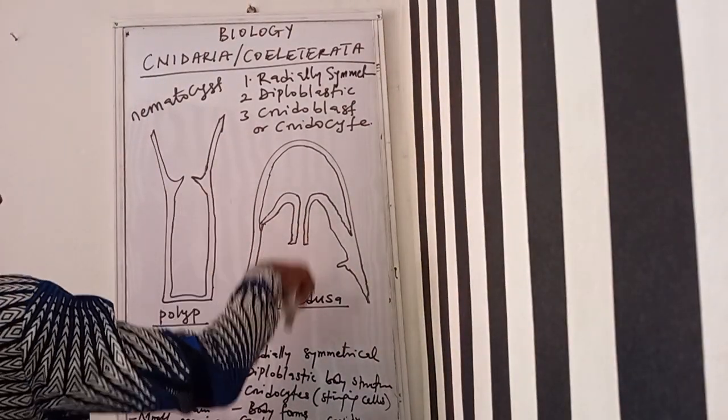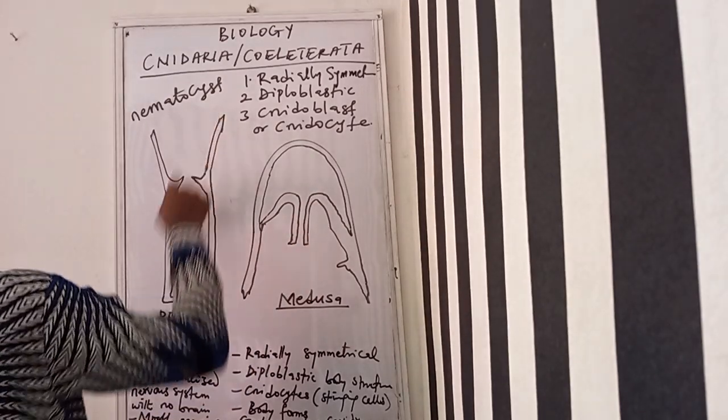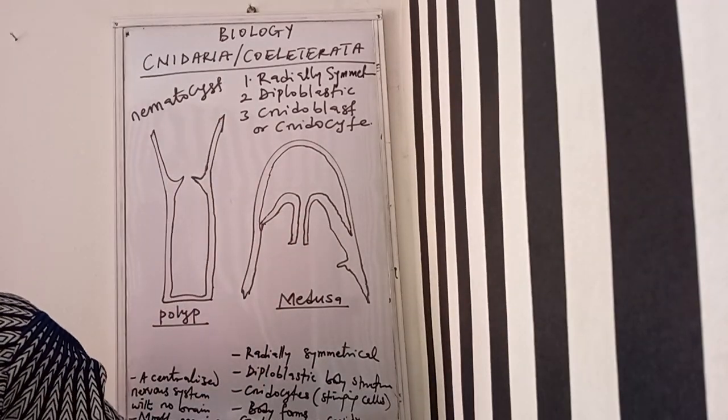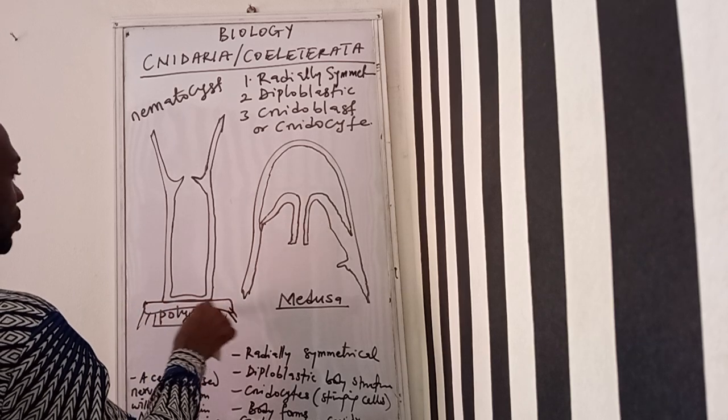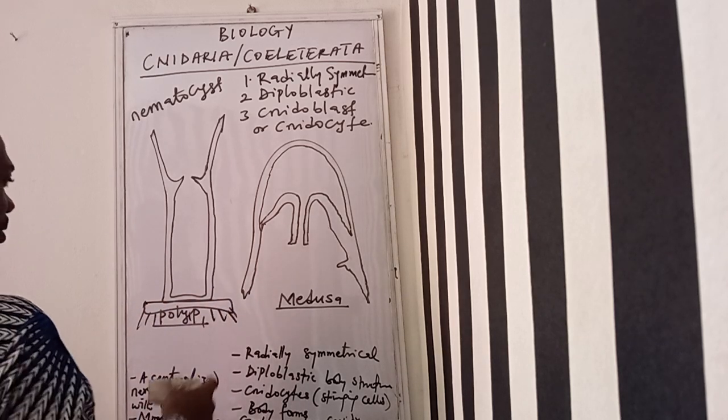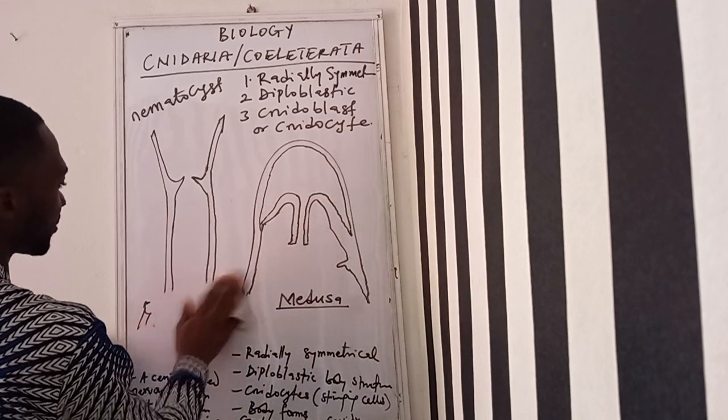So, like I said, this is the medusa, and this is the polyp. The polyp is permanently attached to a solid substratum within the aquatic environment, while the medusa is free swimming.